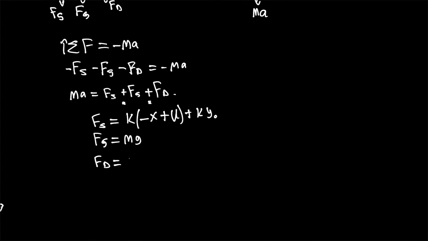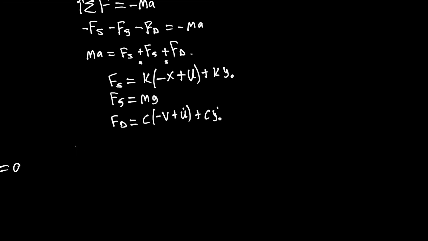And for the damper, this is going to be very similar. Once again, positive velocity, in this case x dot, or we'll call it v for velocity, plus u dot. u dot means that it's a derivative taken with respect to time, plus c y naught dot.